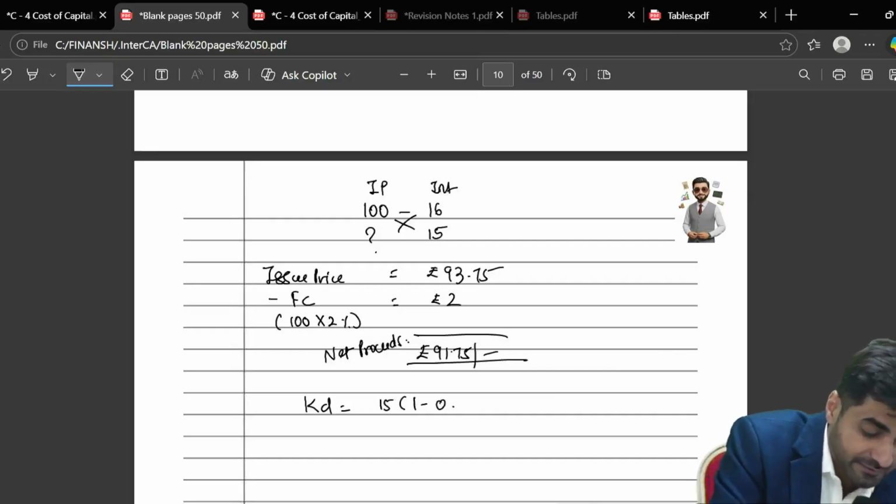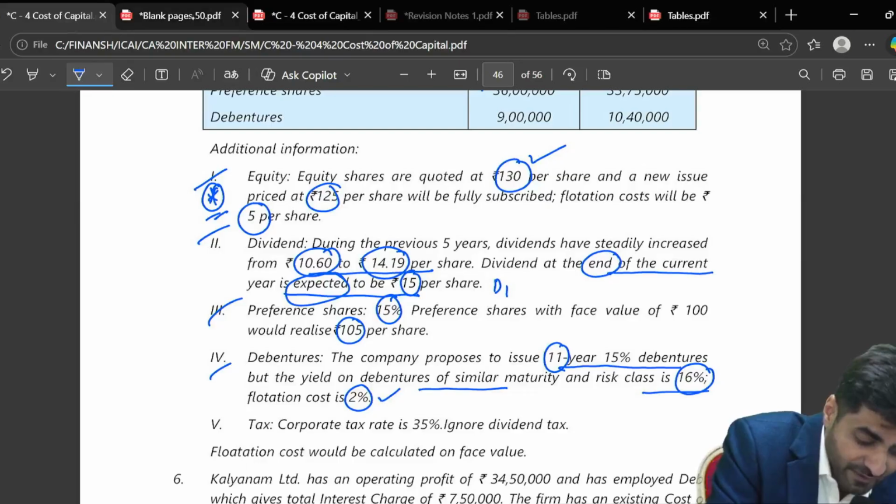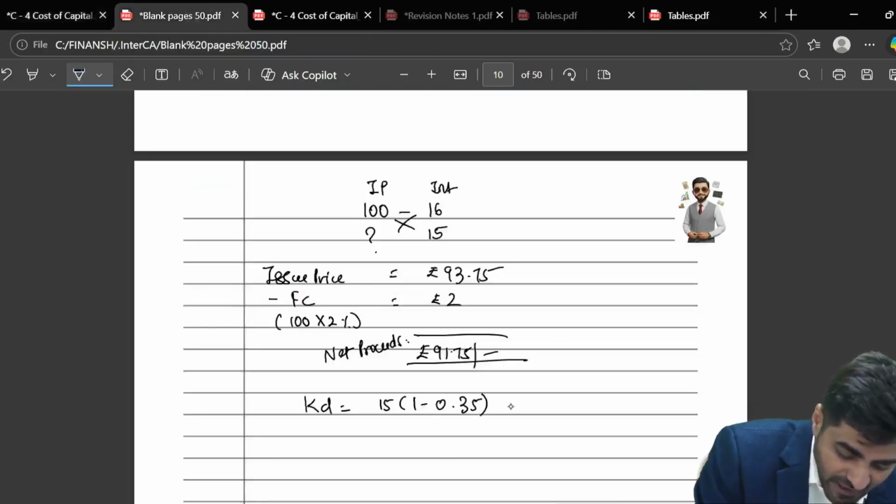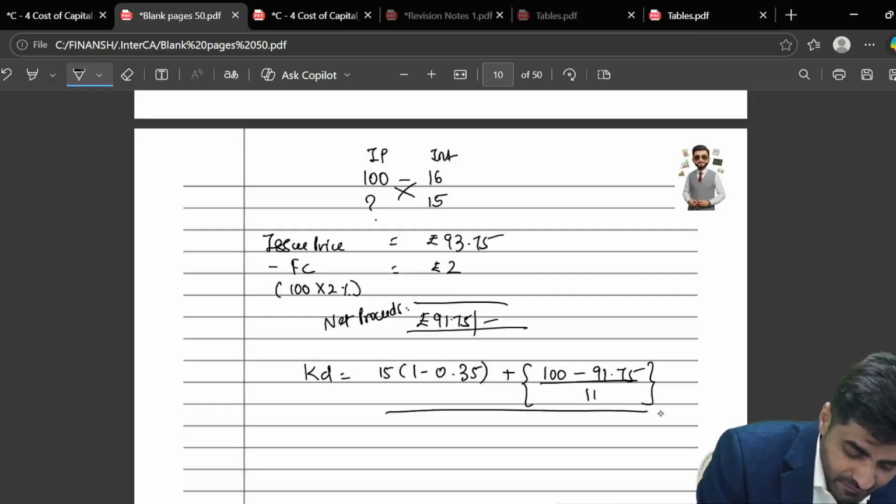What's your tax rate? 35%. Plus, what's your redemption value? Par 100. Net proceeds is 91.75. Life is 11.